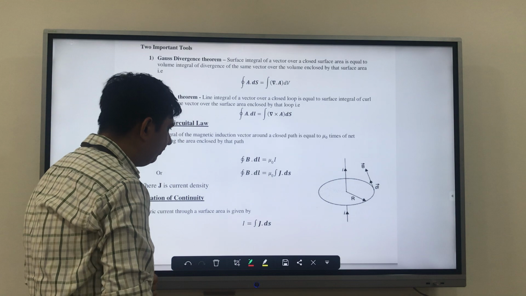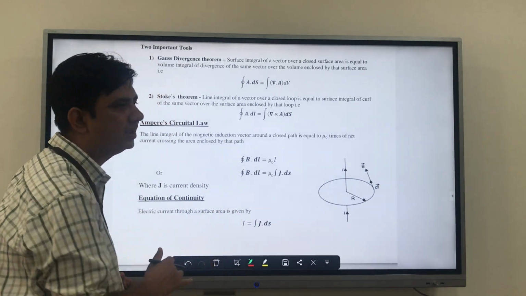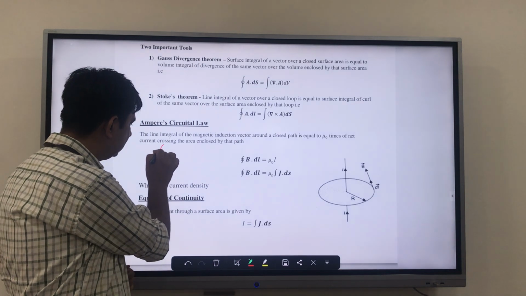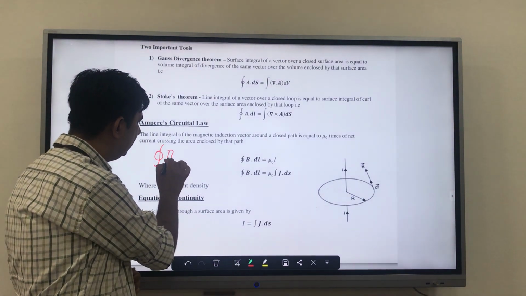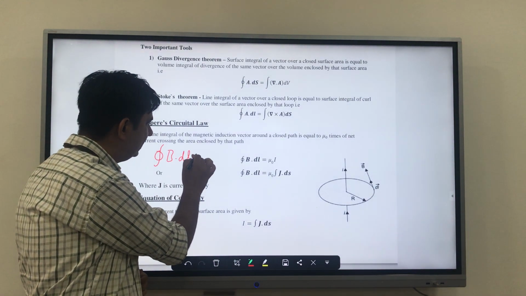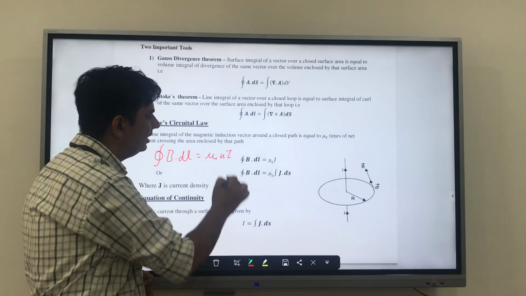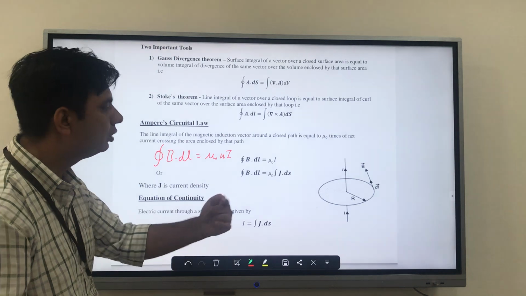And we have used it many times when we were doing our 12th class. So this says the closed integral of B dot dl is equal to mu naught n I, where n is the number of turns in a coil.